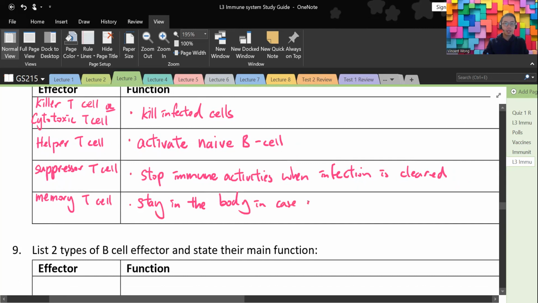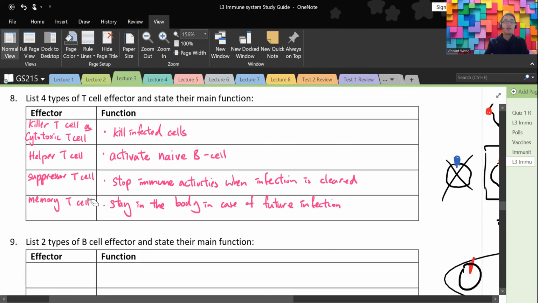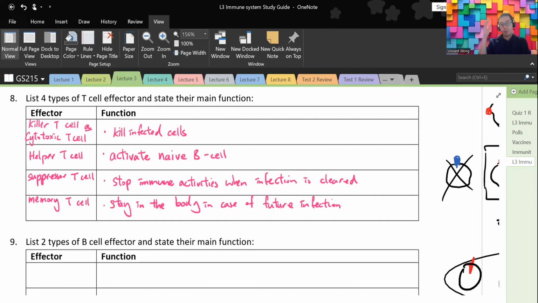In case of future infection by the same thing, right? Okay, by the same bacterium or by the same virus. All right. So like I said, for every disease that you have been vaccinated for or that you have been exposed to and recovered from, in your blood right now, in your system, there will be circulating memory T cells, right?